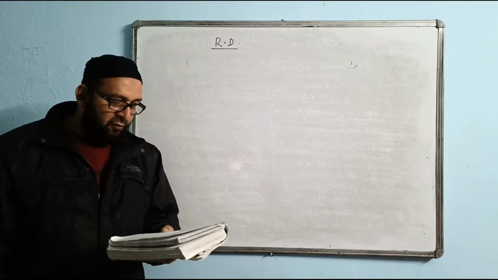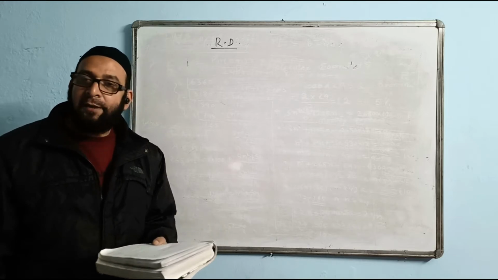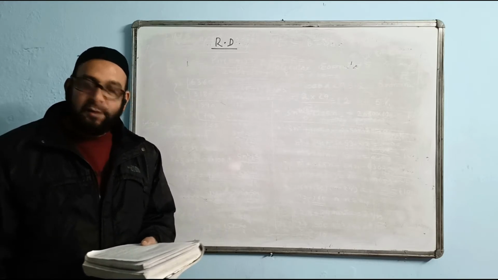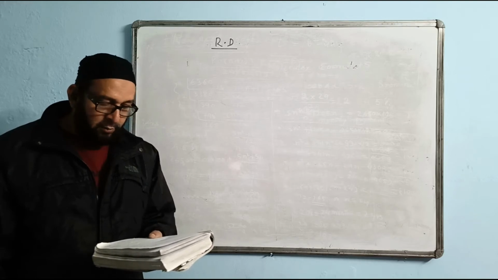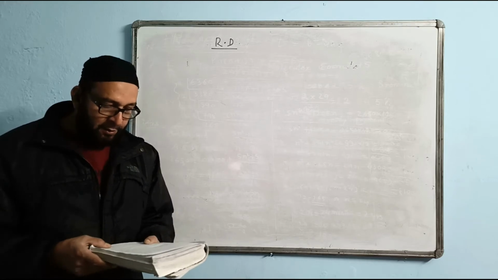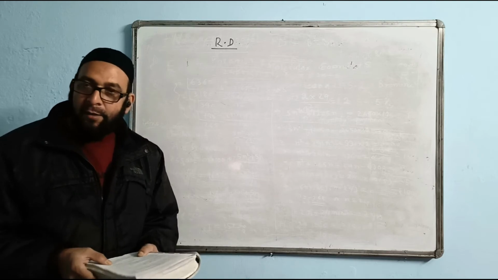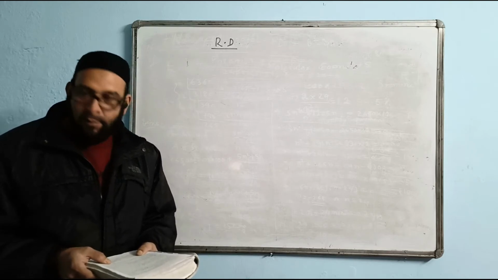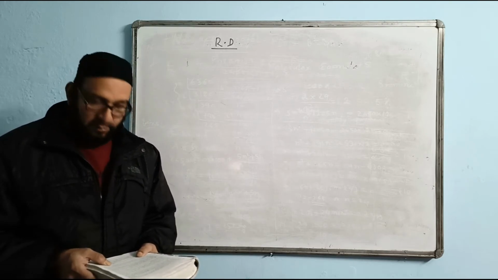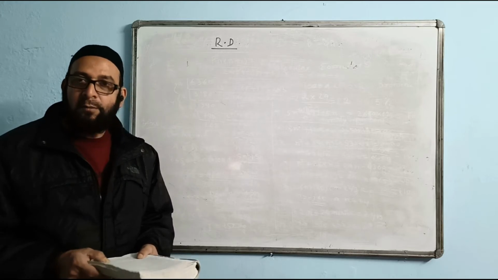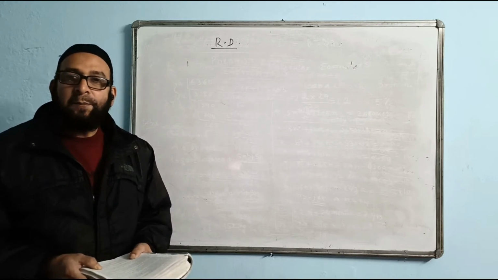Mr. Joseph opens a recurring deposit account, RD account, in a bank paying interest 10% per annum.